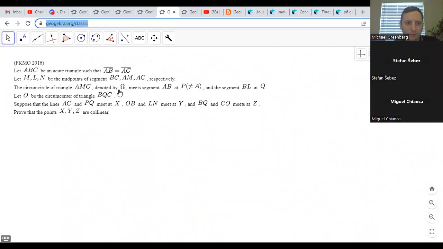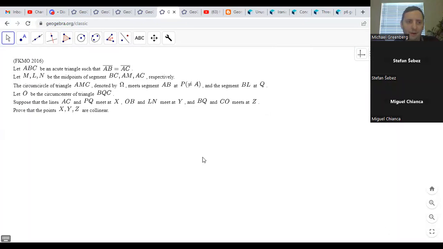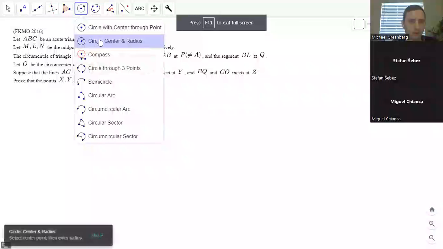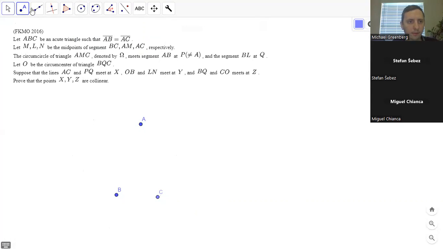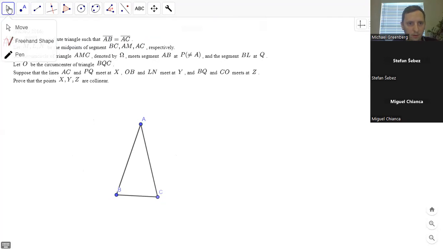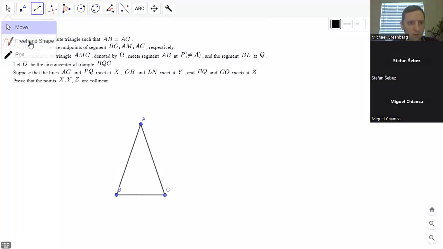So we only have like 4 minutes left. We could just draw this one. This is an isosceles triangle. We'll probably just have enough time to draw it, but let's see. AB equals AC, and then we have midpoints of BC, AM, and AC.